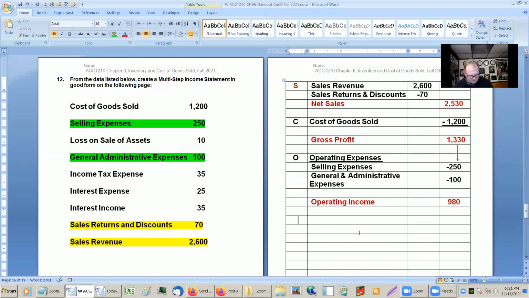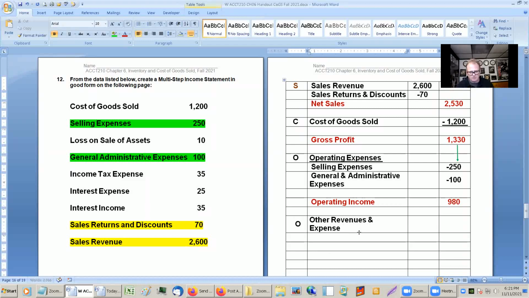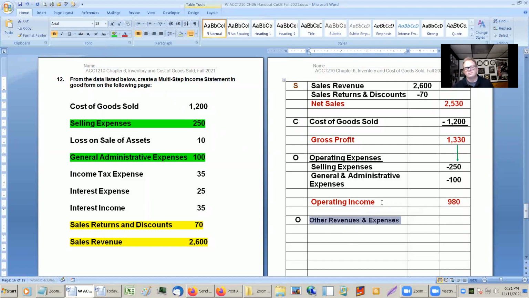Okay, second O: other revenues and expenses.